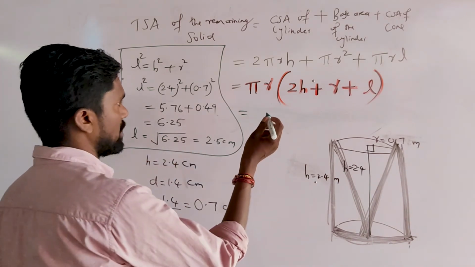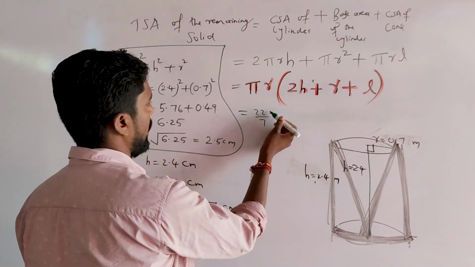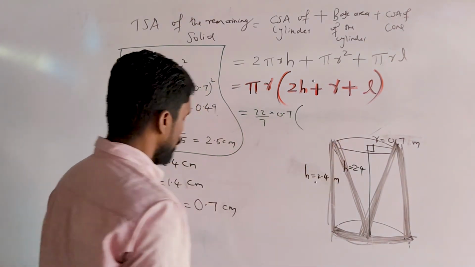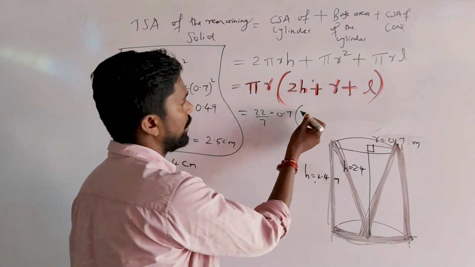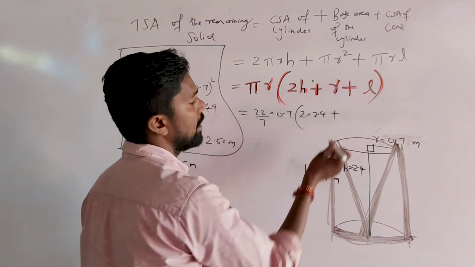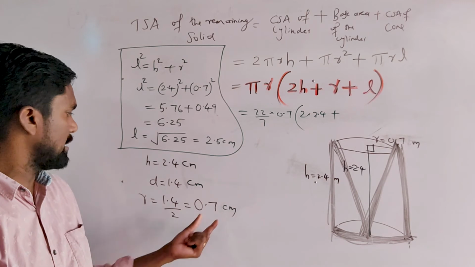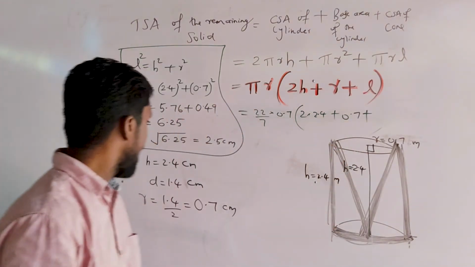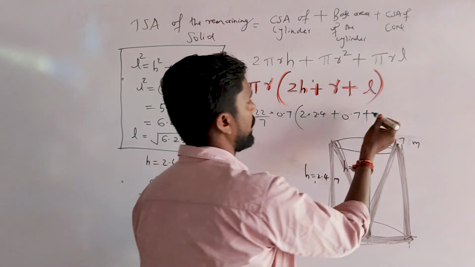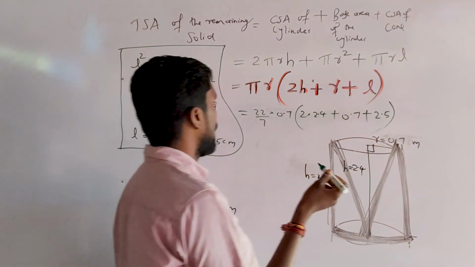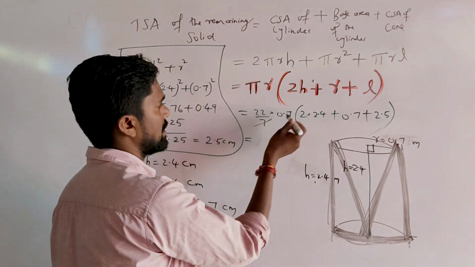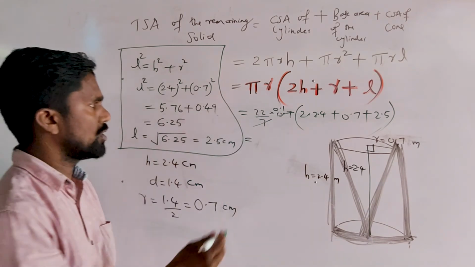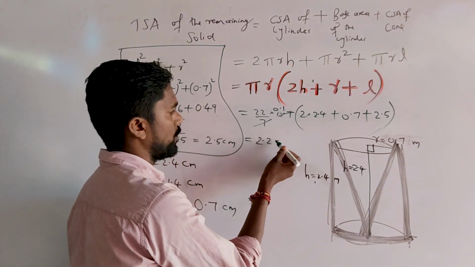Then you can easily substitute: 22 by 7, 2h is 2 into 2.4, radius is 0.7, l is equal to 2.5. This is cancelled, you can write 0.1. 22 into 0.1 is 2.2.